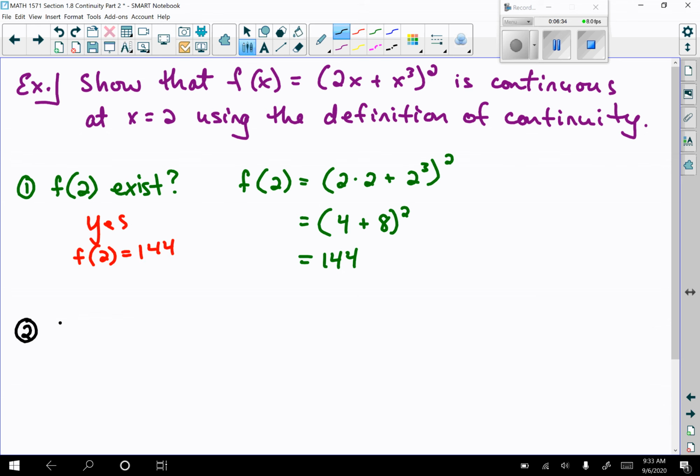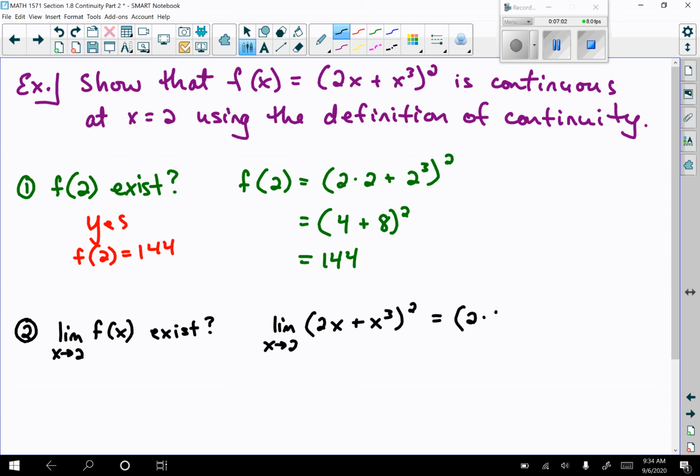Second question is, does the limit of f of x as x approaches 2 exist? So we would take the limit here of (2x plus x cubed) squared, that quantity squared, as x approaches 2. Now again, we have no issues here. We could just do direct substitution, which we could tell is going to be the same as the substitution that we did above.